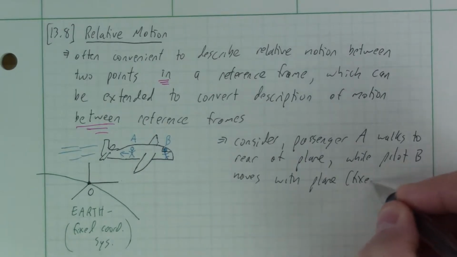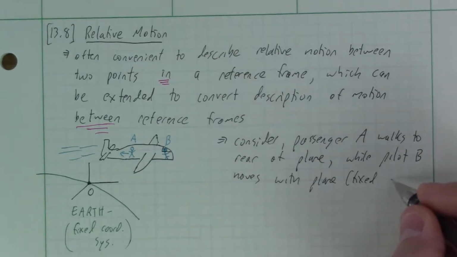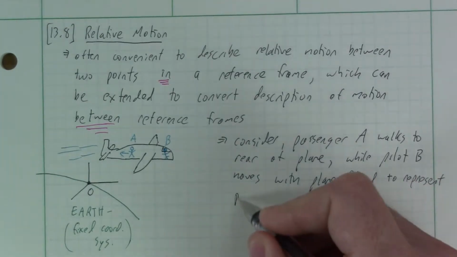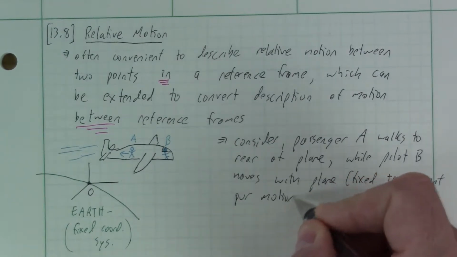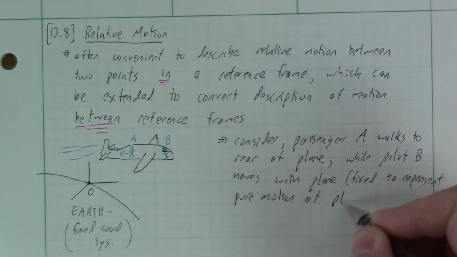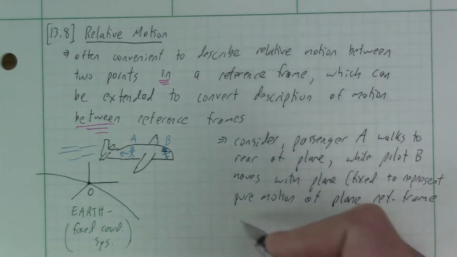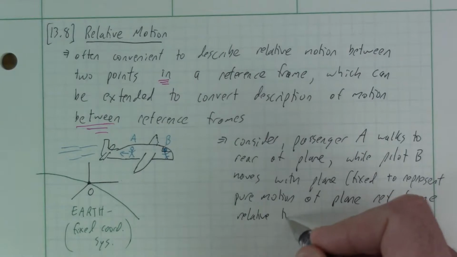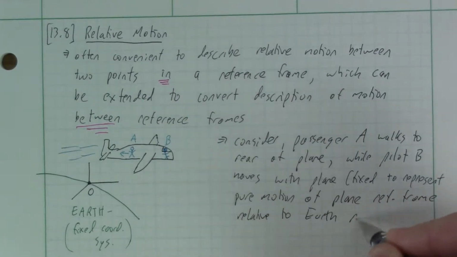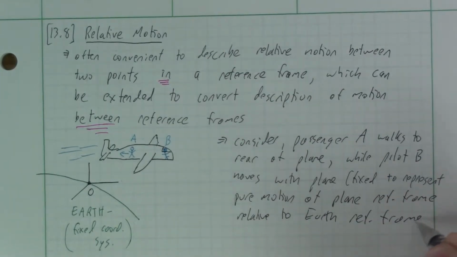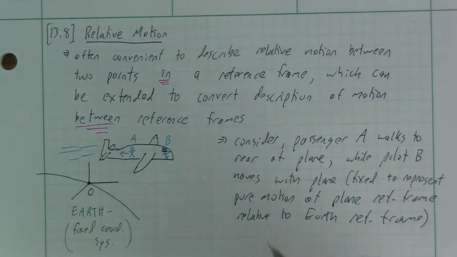I'm just saying fixed to represent pure motion of the plane reference frame relative to the Earth reference frame. Right? So the pilot represents the motion of the plane reference frame compared to the Earth, relative to the Earth.